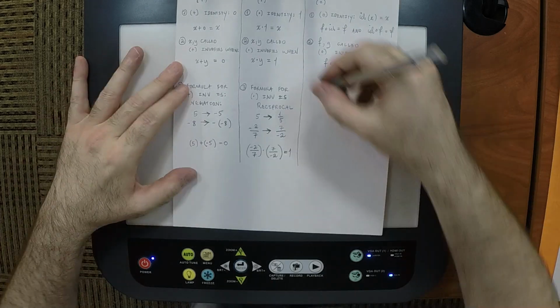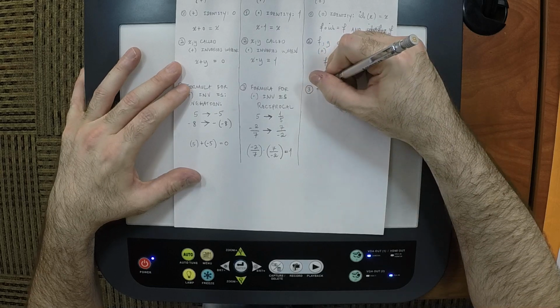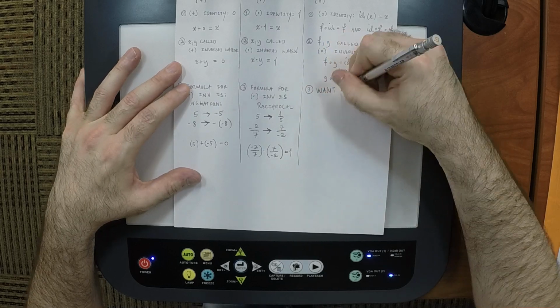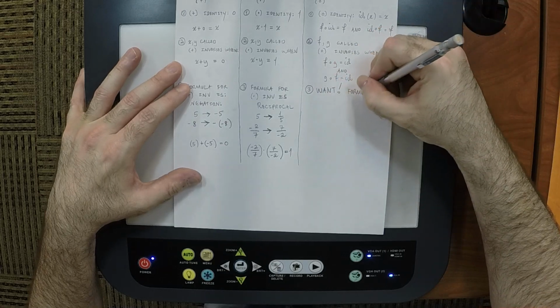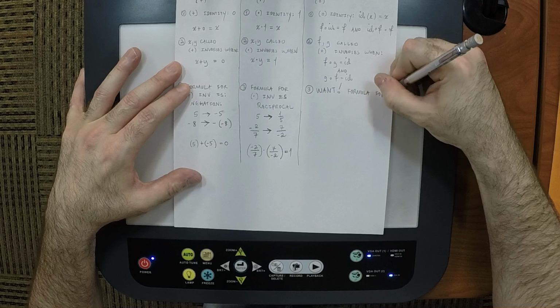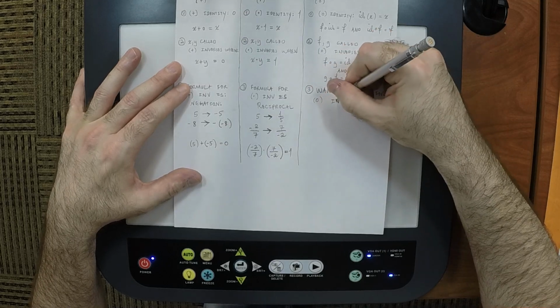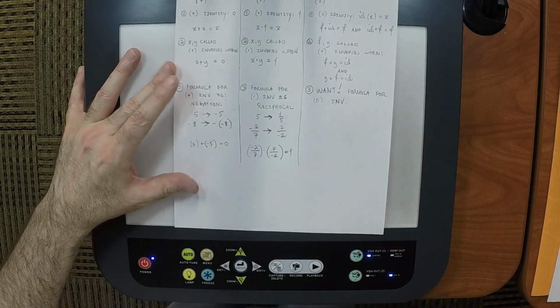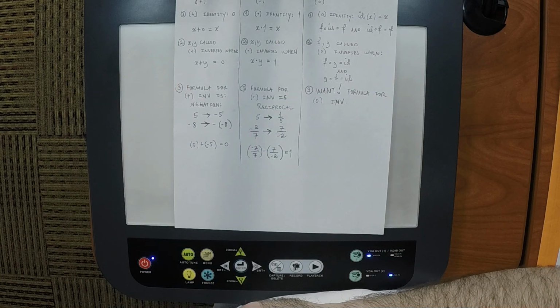All right. So here's where we are today: this is what we want. We want a formula for compositional inverse. So we've got to figure it out. All right.